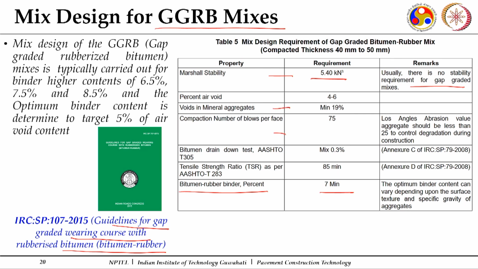voids requirement. So they are designed in more or less the same manner, but the differences may be in terms of the parameters to be checked and the compactive effort to be applied. And for the trial binder contents, based on experience we know that SMA mixes will generally require higher binder content.